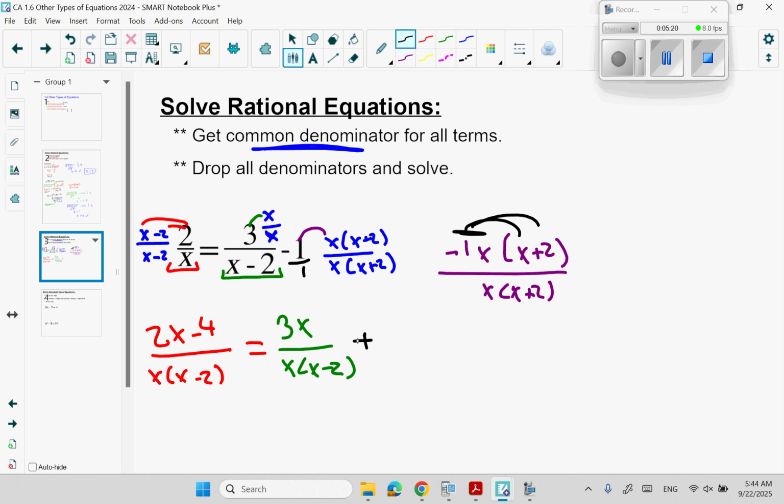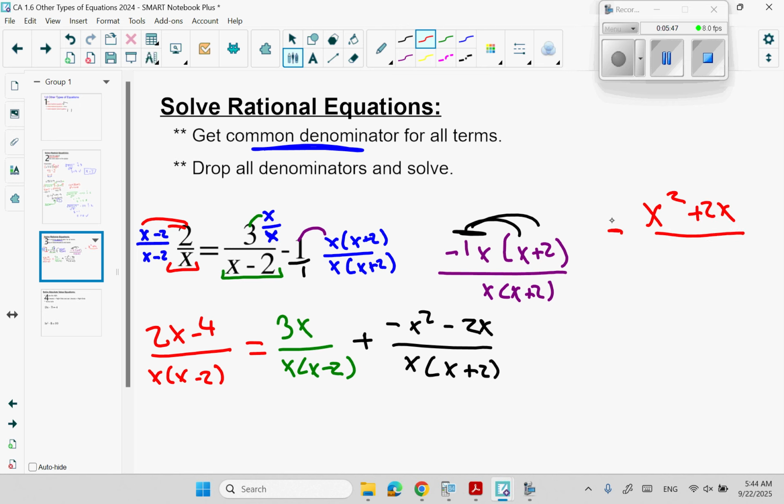So, because I'm distributing the negative already, I can change this to a plus sign. And we would get negative x squared minus 2x over x plus 2. What you could have also done here in this step is just distributed the positive one. So you would get x squared plus 2x, but then you'd be subtracting this entire fraction and you'd have to distribute the negative anyway. So either way, it all works out.